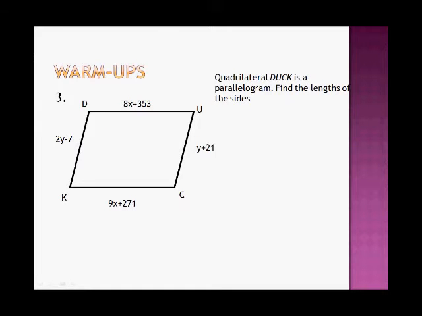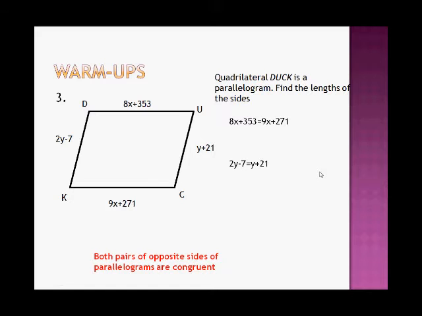Quadrilateral DUCK is a parallelogram. Find the lengths of the sides. So here you get DU set equal to KC and DK set equal to UC, because both pairs of opposite sides of parallelograms are congruent. And from there we start to simplify by subtracting 271 from both sides, and then 8x from both sides, so you get 82 equals x.